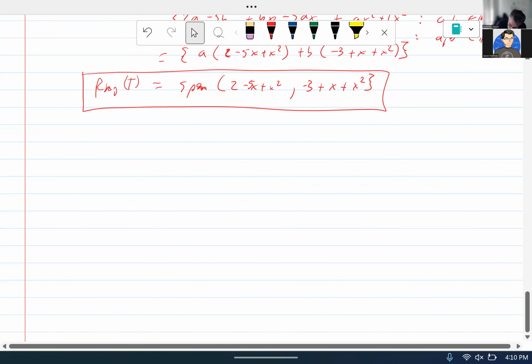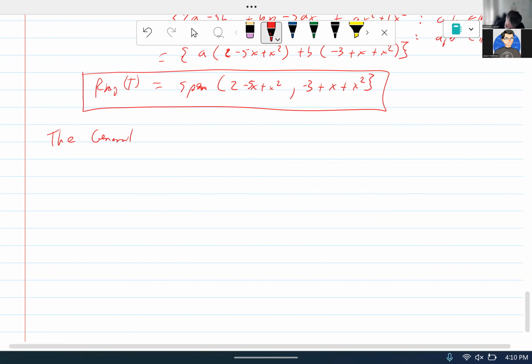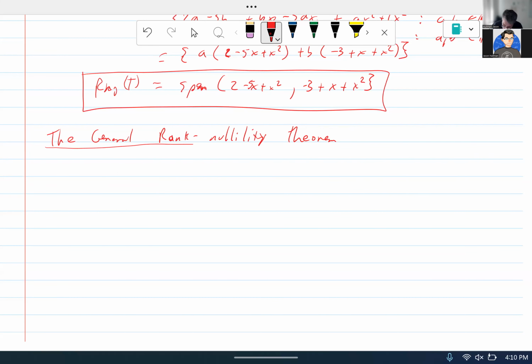Okay, let's look at what's called the general rank nullity theorem.